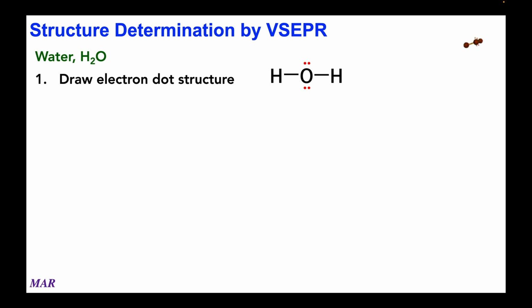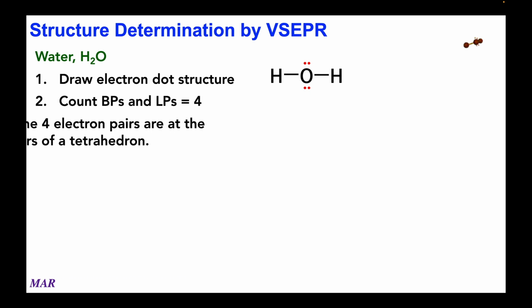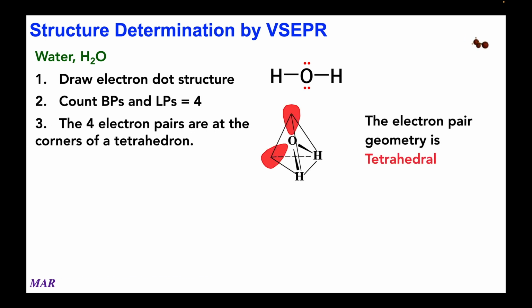It's totally happy. But for us here now with VSEPR, what you want to do is first count the number of bonding pairs and lone pairs around your central atom. And oxygen has 2 lone pairs and 2 bonding pairs, 4 pairs total. So like with ammonia, that means this is also going to be a tetrahedral electron pair geometry. In water, 2 of the 4 spots around the tetrahedron are taken up by lone pairs, and the other 2 spots are taken up by hydrogens.